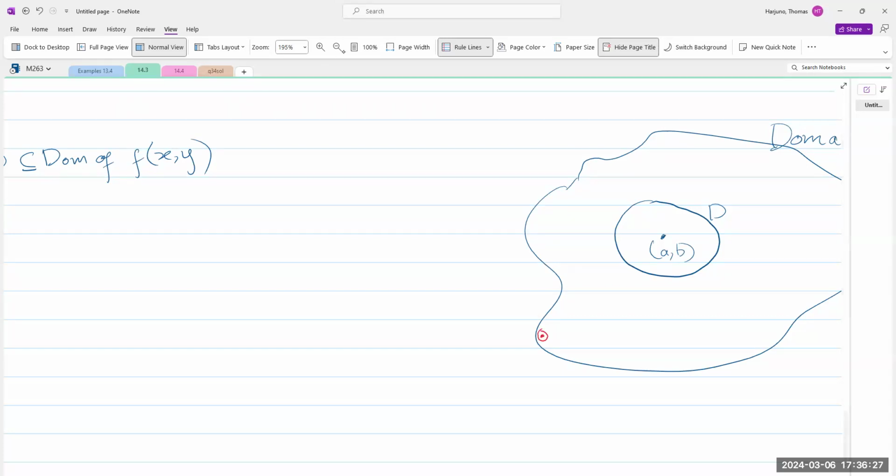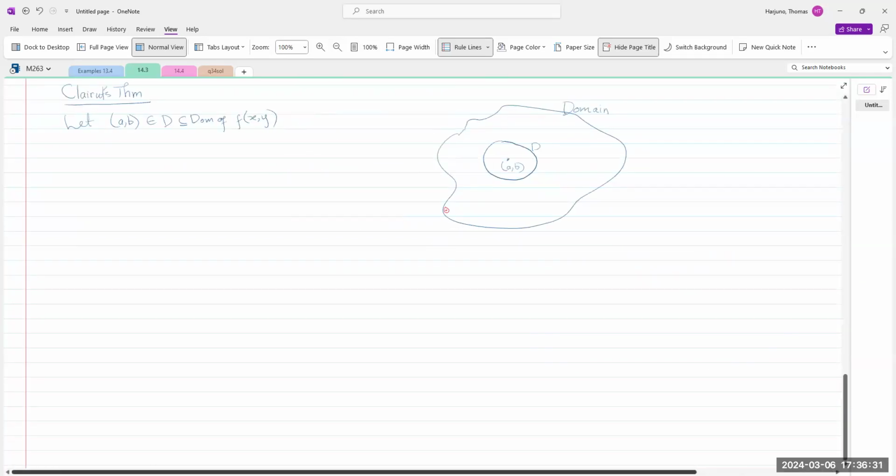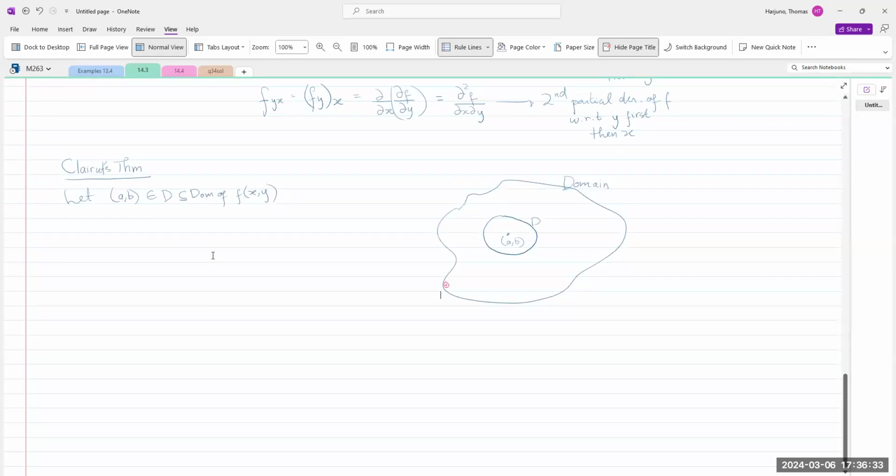So we are talking about that kind of coordinate (a, b). So this (a, b) is basically in the interior of the domain of that function. So Thomas, why don't you just say the interior? Because then I still need to explain what interior means, right?